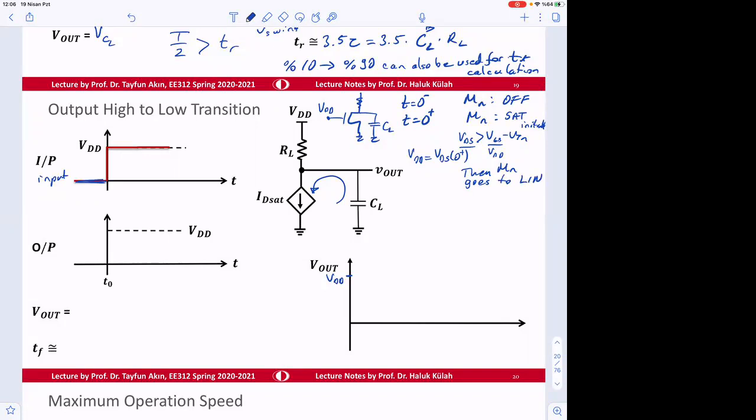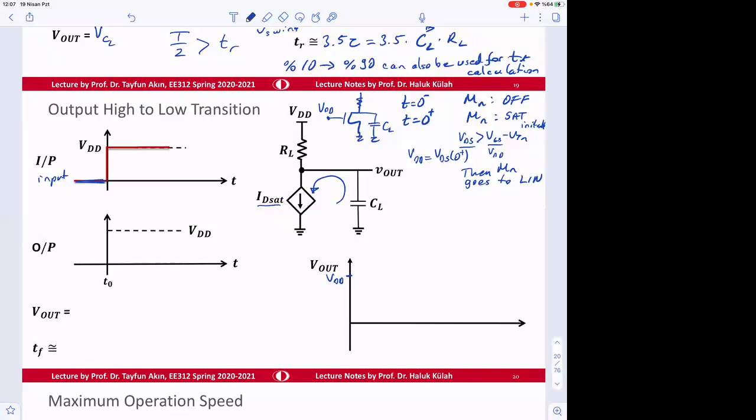So when the output voltage starts decreasing, the transistor is not going to be providing this much current anymore. So it will be reduced. So eventually, this transistor wants to go like this.